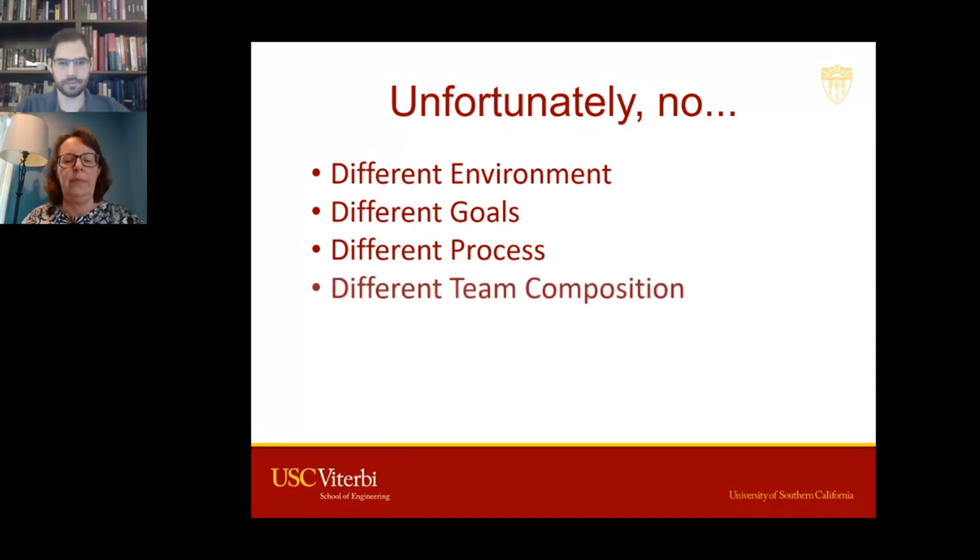There's different team composition, and this is an important one because the turnaround of team members and the team size in academic research software development is very different. It's dependent on the presence of graduate students for the most part.